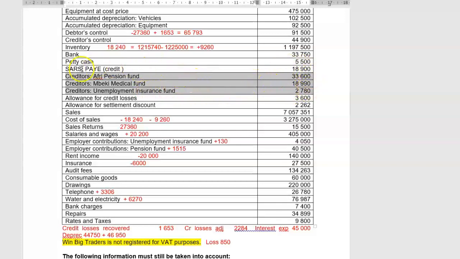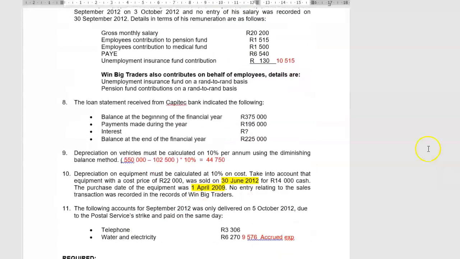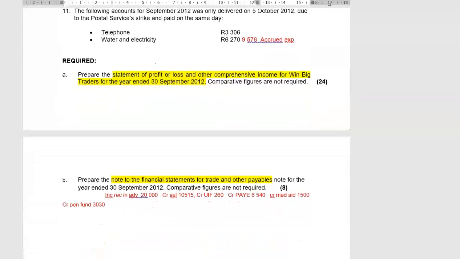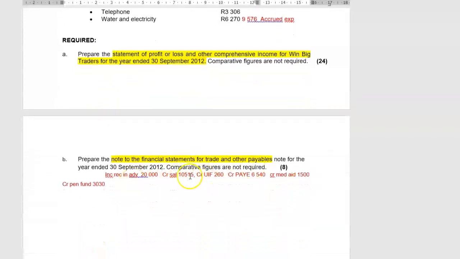So all you had to do was add the adjustment entries that we had to pass, these deductions and the employer contributions. If you remember, we have put it down here at the bottom. That amount has to be added to the UIF creditors, that amount to the creditors for pay as you earn, 1,500 Rand to creditors for medical aid, and 3,030 to the creditors for the pension fund.